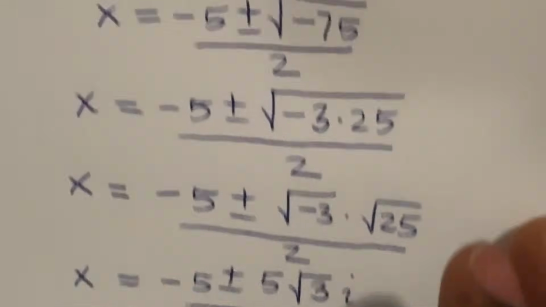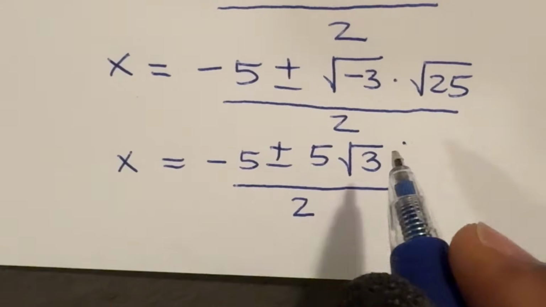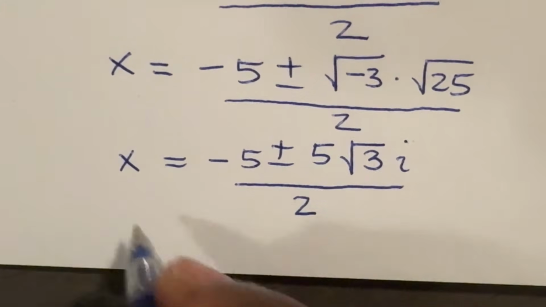Now, this solution here is 2 in 1. So that's going to be our x1 and x2 and x3.